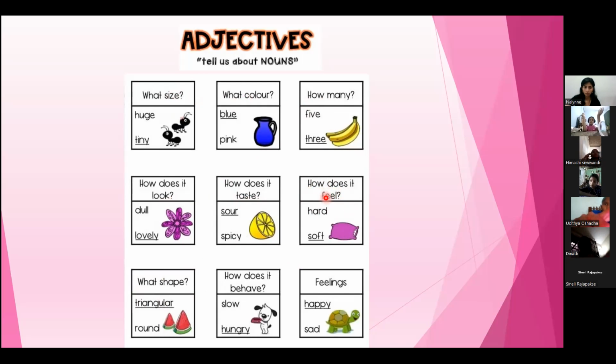Here, when I say feel, it means the texture, all right? The texture of things, rough, smooth, shiny, hard, soft, all right? Shape, the behavior, and feelings. Here, the feelings, we talk about emotions, all right? So these are the things that help us describe a noun better.